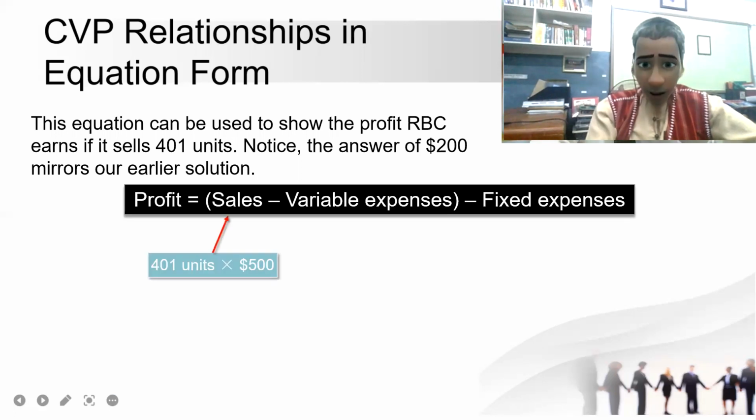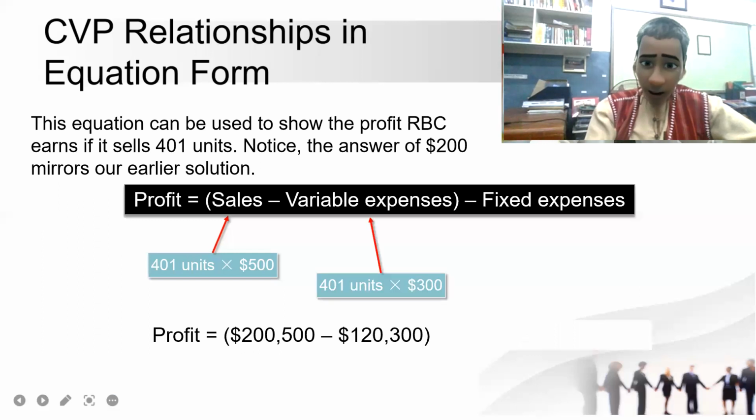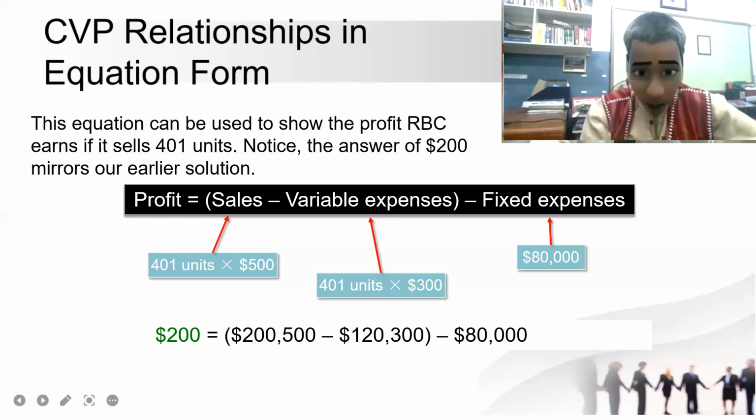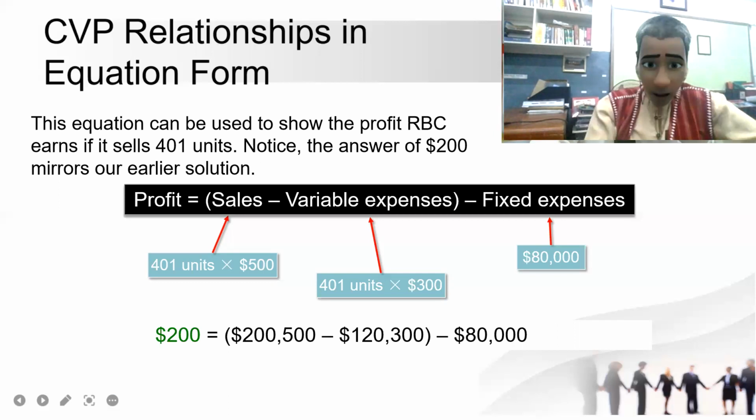So that is sales, as you can see here, minus fixed. So the answer would be 200.